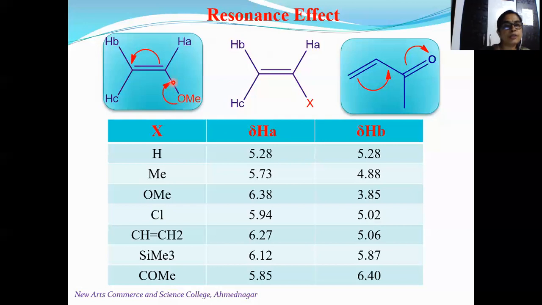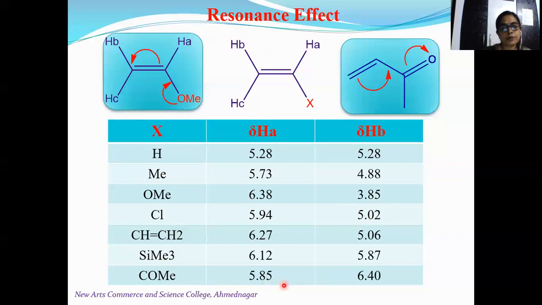Electron donation will be effective. That's why the beta proton will be electron rich, or shielded. As chlorine is larger in size, chlorine and carbon sizes are not comparable. So chlorine's electron donating resonance effect will be comparatively less effective and therefore the proton is deshielded.